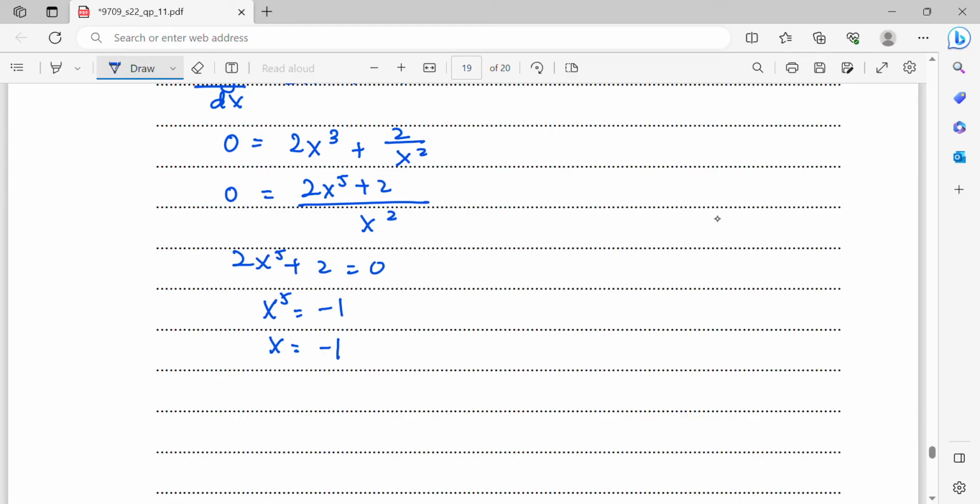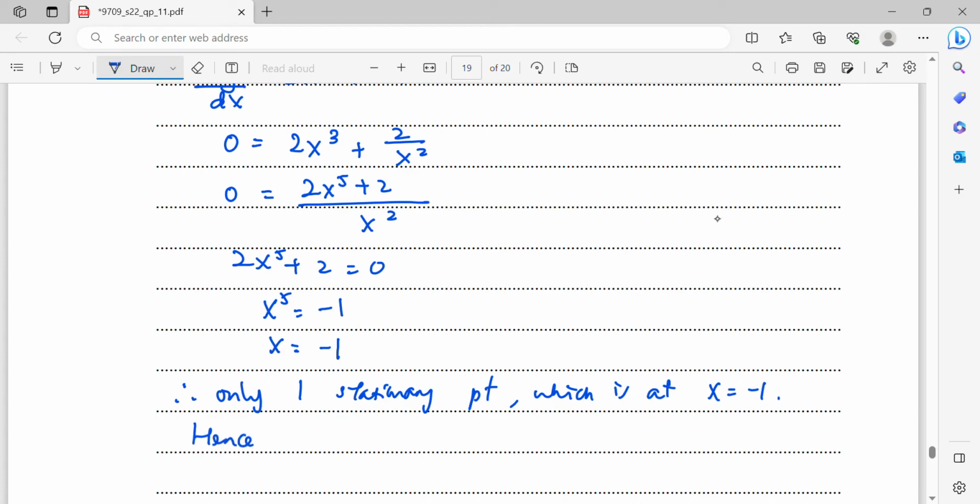So you can just write only one x, or only one stationary point, which is at x equals to minus 1.